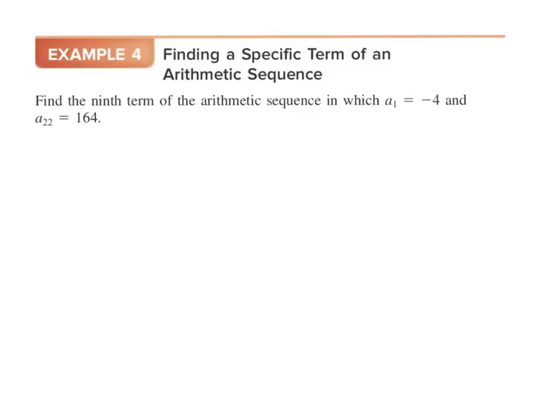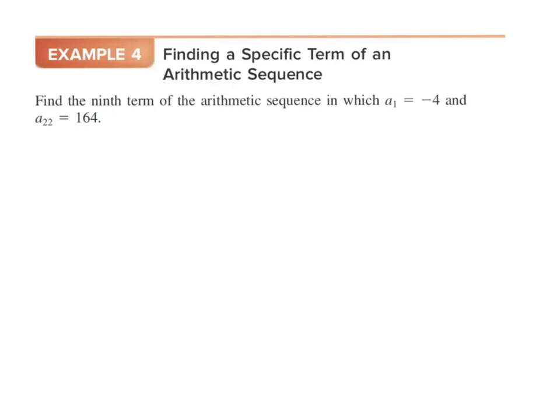This type of problem is finding a specific term of an arithmetic sequence. So if we're looking for the 9th term, here's what we know. We know that the first term is negative 4, and the 22nd term is 164. I do not expect you to try to write all 22 terms of the sequence out, or for that matter, all the terms to find the 9th term.